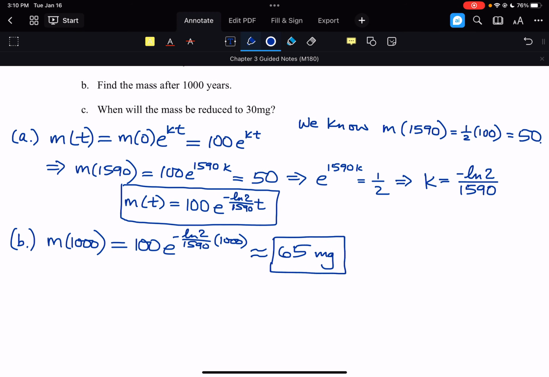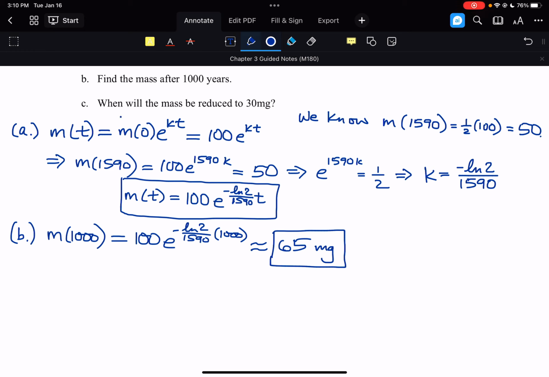Now, on the flip side of this question, for part C, when will the mass be reduced to 30 milligrams? So instead of saying, here's how much time, find the remaining mass, they're saying, here's the remaining mass, find out how much time this takes. So we want the mass for an unknown time, so that's 100 e to the negative ln of 2 over 1590 times t.